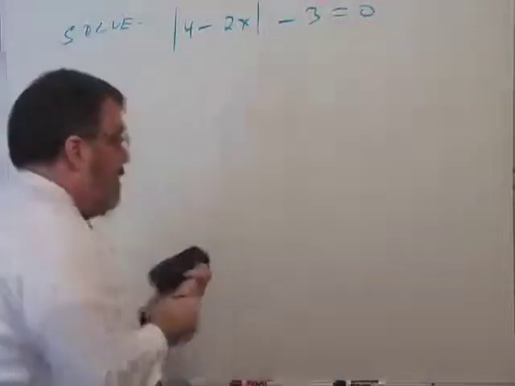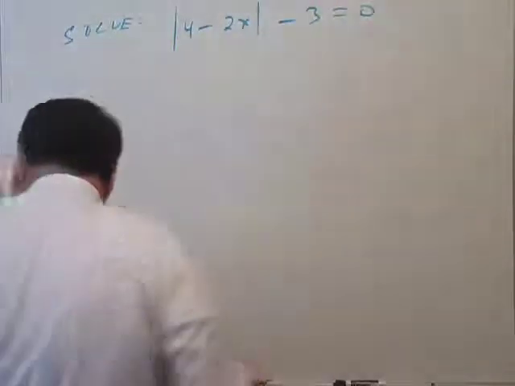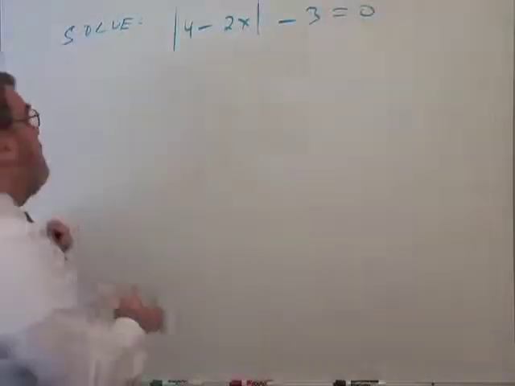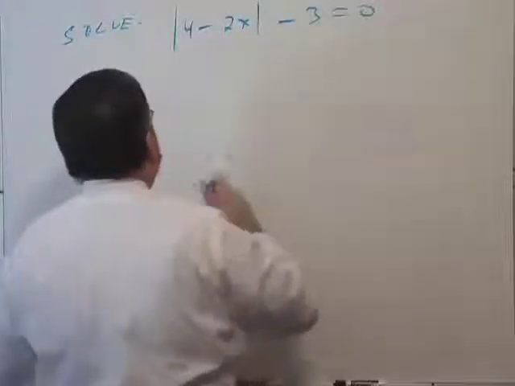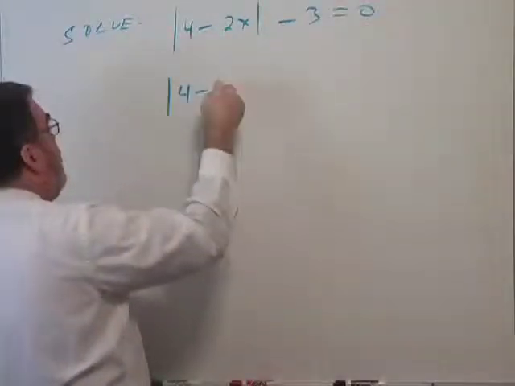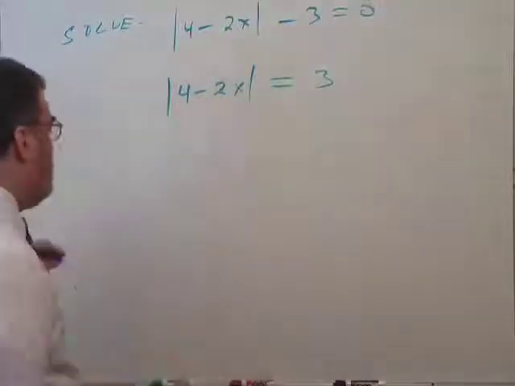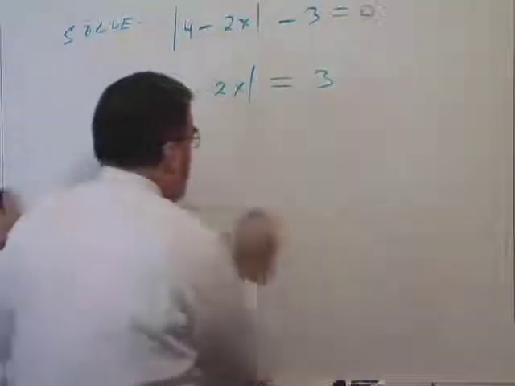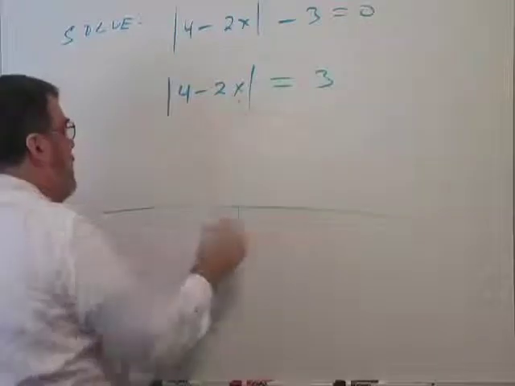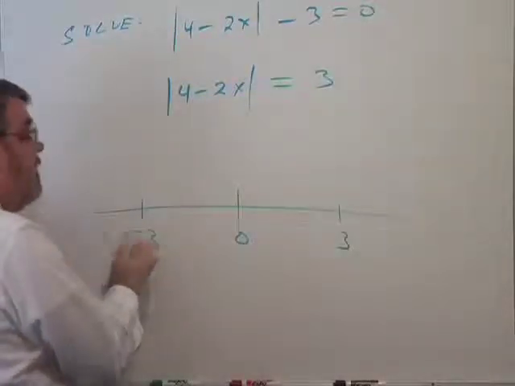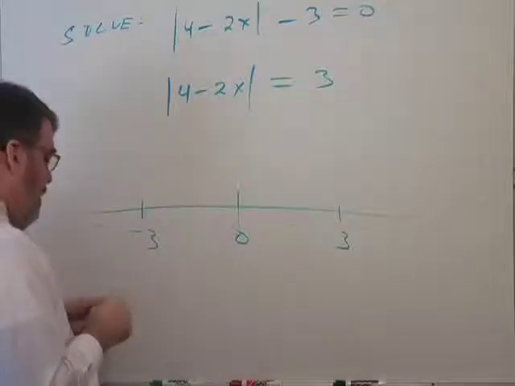So let's go with that. Now we can solve it, because I want to isolate the absolute value from the constant 3. So I'm going to add 3 to both sides. This gives me the absolute value of 4 minus 2x equals 3. And I'm going to take this approach again, saying that this represents quantities that are a distance of 3 from 0.